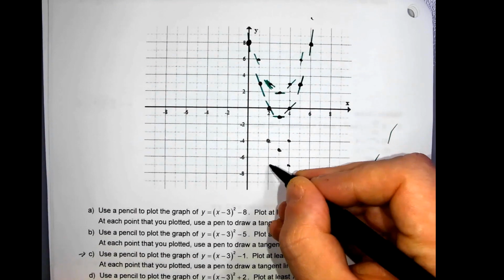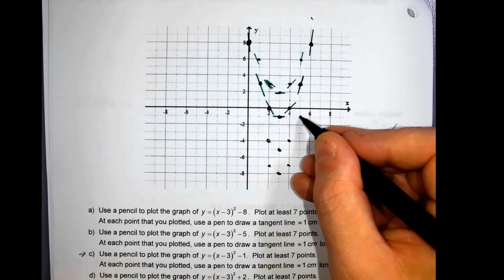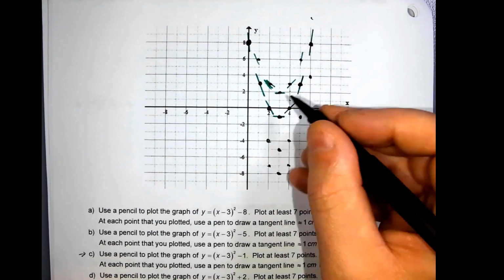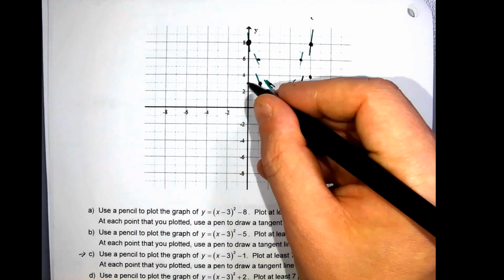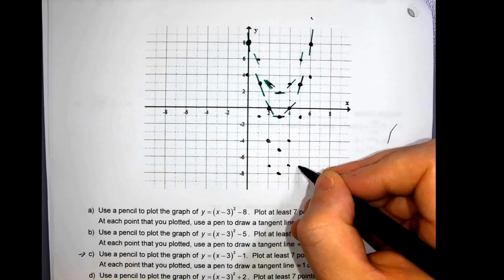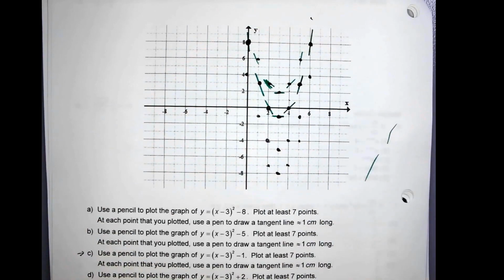Like that and like that and like that, and then it's going to go 1, 2, 3, 4, 5, and similarly down here. And we don't really need to put them all in. We're starting to get the idea here.